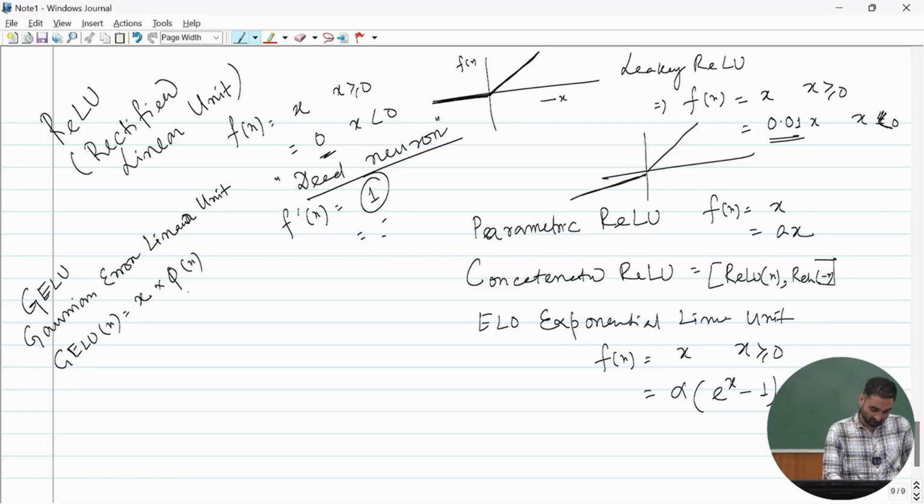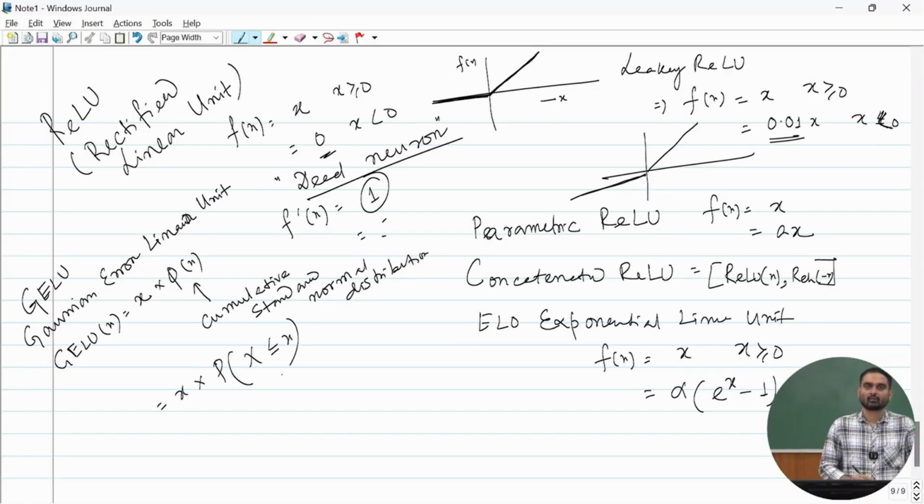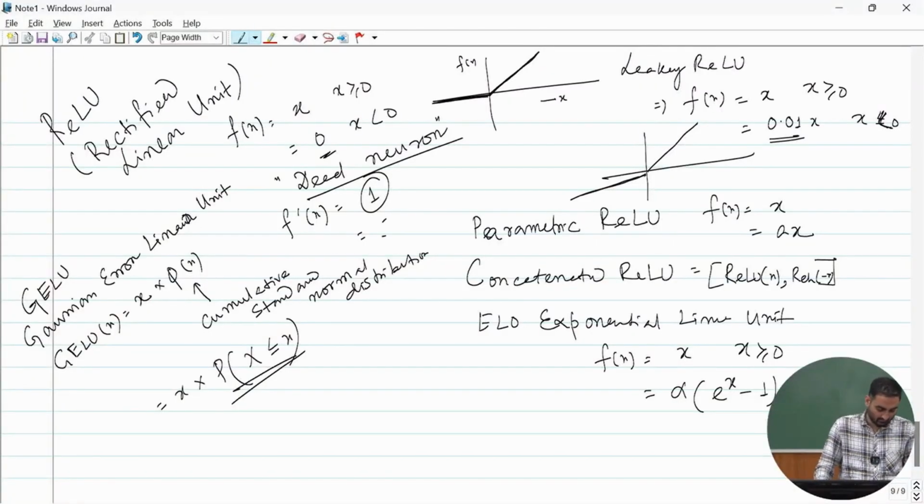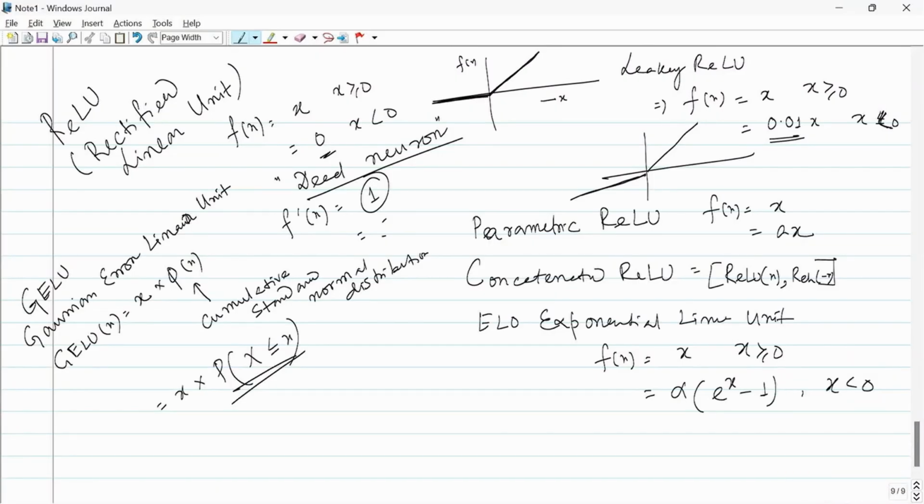Phi of x is the cumulative standard normal distribution. What is that? So it is x times p of, a standard cumulative function. This basically captures the quantile, the percentile rather than the signal. Okay, so this is GELU.